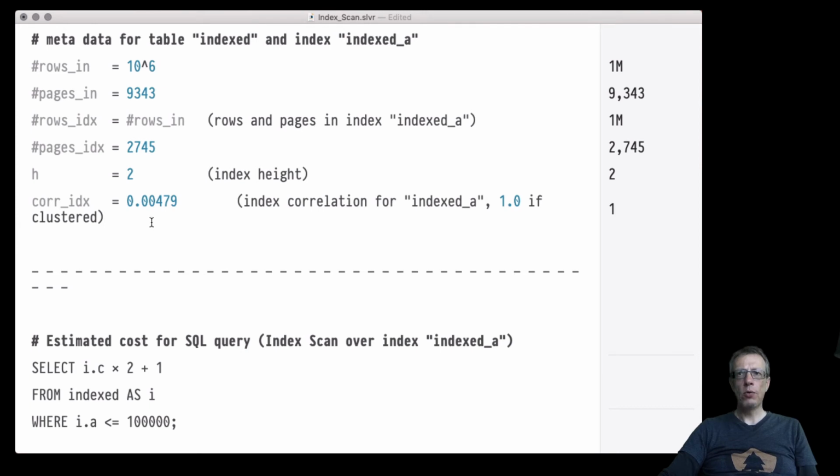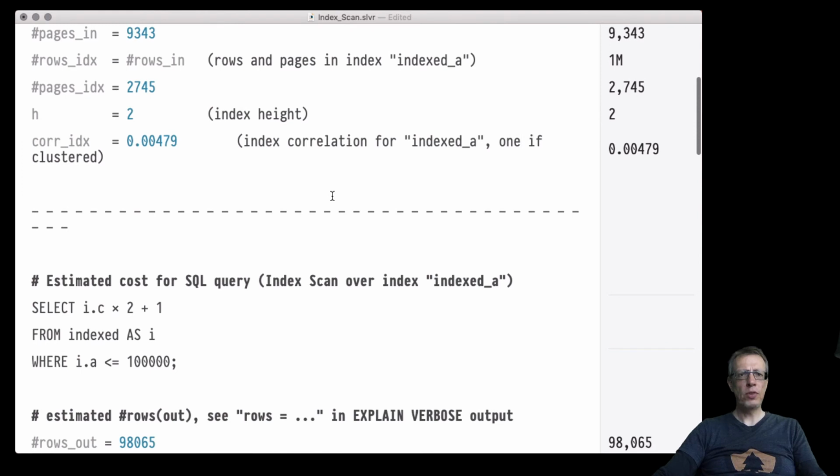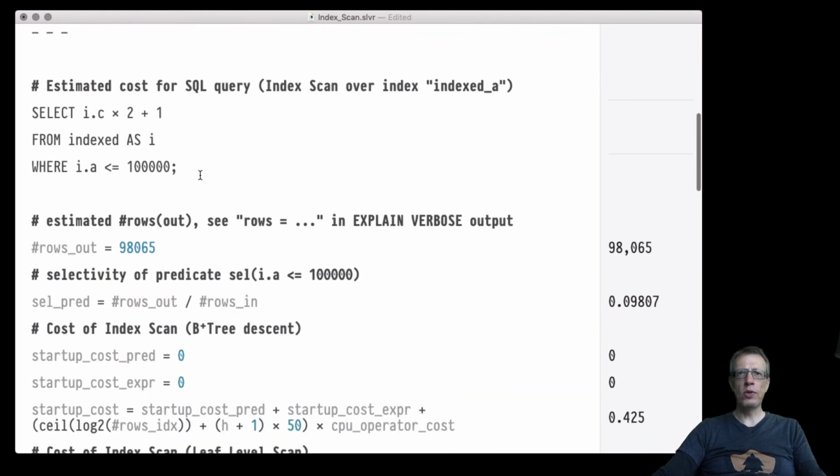All right. Let's not be distracted by this output here on the right hand side. Now this is the correct correlation factor. Okay, perfect. So it's now time to perform the cost formula computation for this particular query.